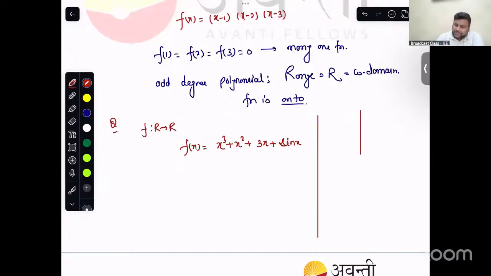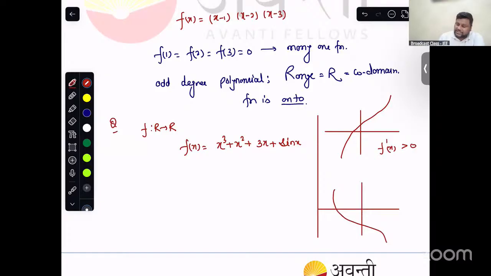Now I'm going to tell you one more info, which we are going to do in the AOD chapter. If a function is always increasing, its derivative f dash x is going to be greater than 0. And if a function is always decreasing, then its derivative is going to be less than 0. Always increasing means derivative more than 0. Always decreasing means derivative less than 0. Am I correct?